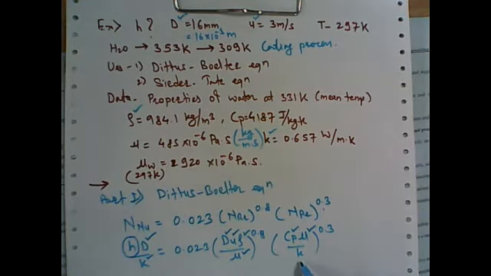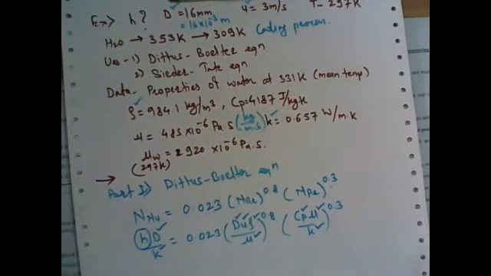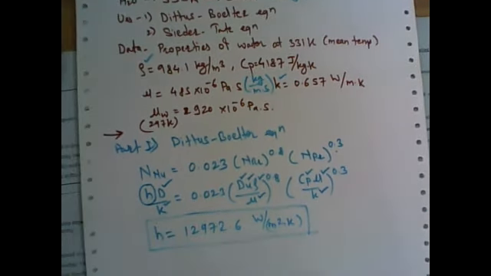It is given, and this small k thermal conductivity is also given. So all the values are given for this Dittus-Boelter equation. We can use this equation directly, put the values of all these parameters, and calculate this h. So this h value is near about 12972.6 watt per meter square Kelvin, right?